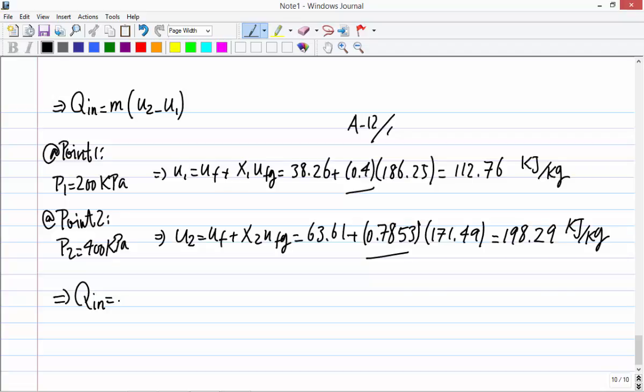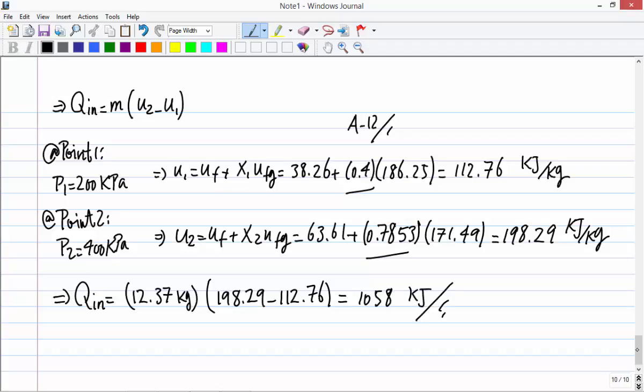How much was M? 12.37 kilogram times U2. That was 1058 kilojoule. So this is the heat. This much heat is transferred between the surrounding and the system.